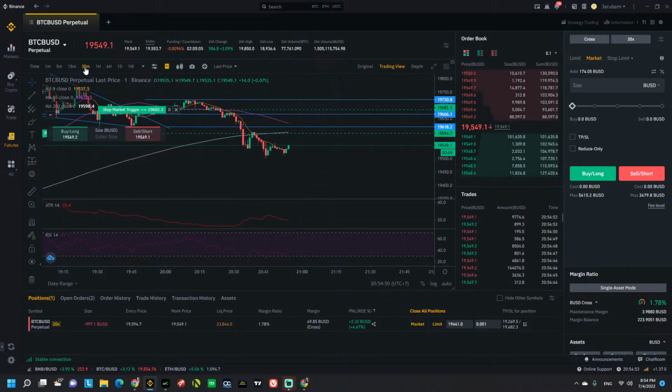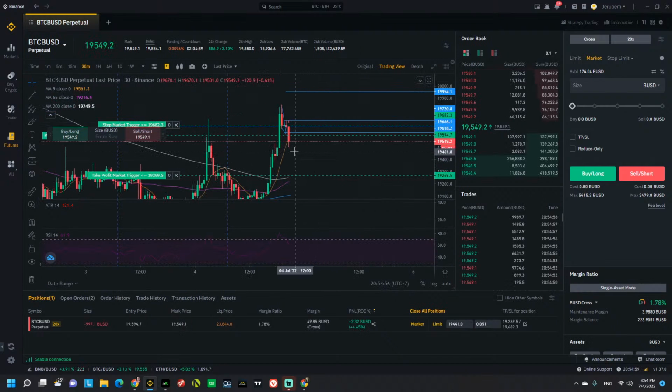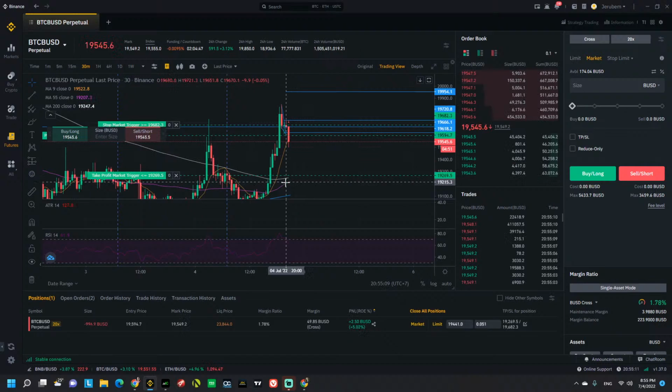Let's see what the 30 minutes is saying. Yeah, it bounced because it hit the 9, but there's still a big chance it can go down and hit the 200. This is the 55.